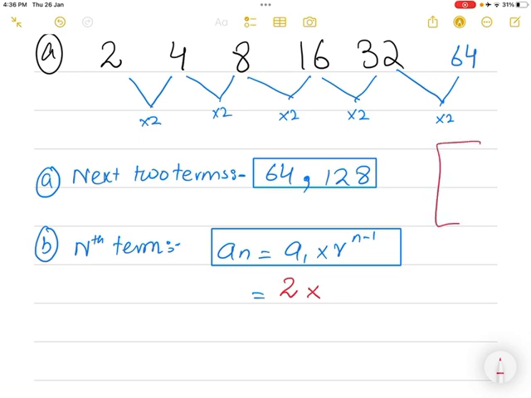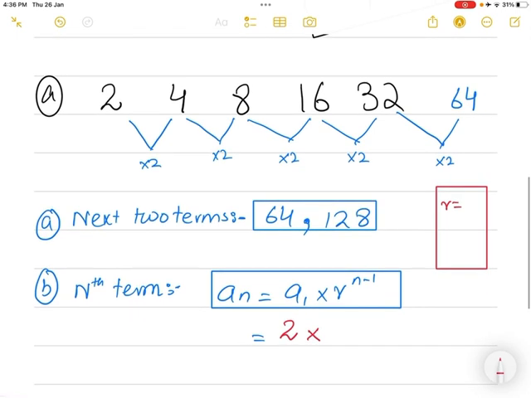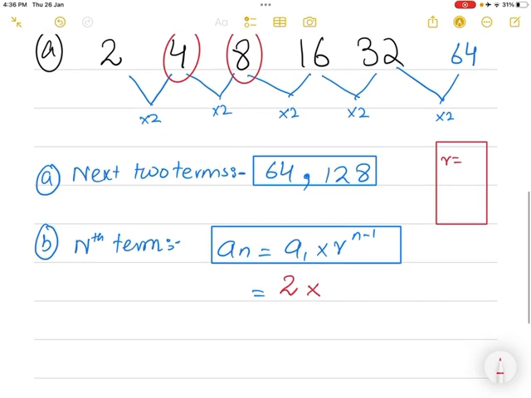We know already how to find r: r equals next by previous. Let's say 8 is my next and 4 is my previous. So 8 divided by 4, r equals 2. So it's 2 power n minus 1.